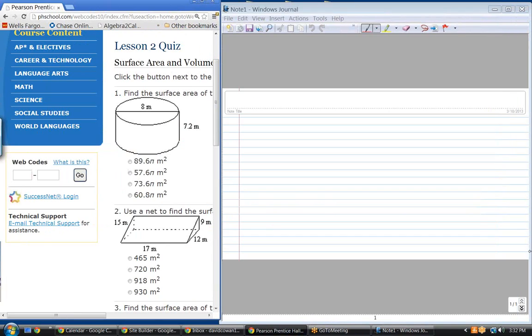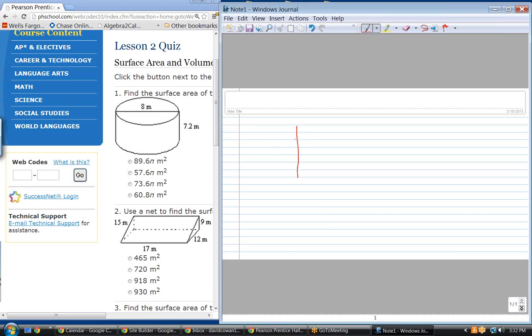If you were to take a dollar bill and roll it up so that the ends touch one another, it's in the shape of a cylinder, right? So the surface area of that cylinder would be if you unrolled the thing.